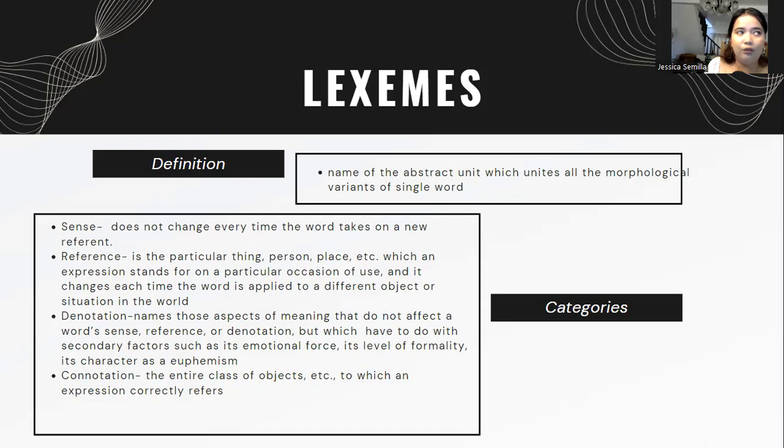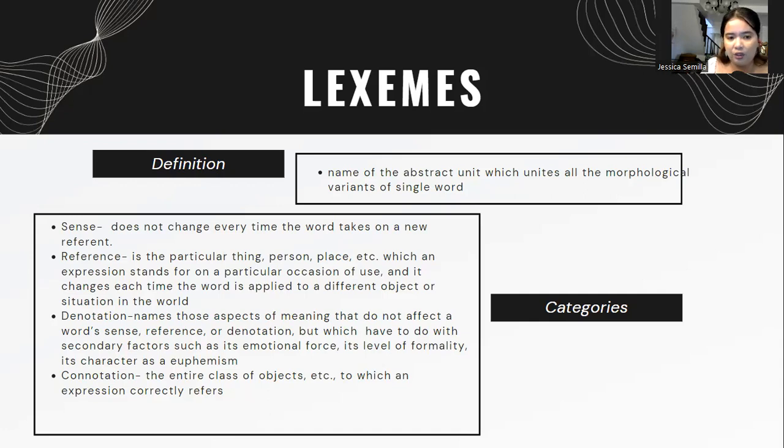Senses of sight, hearing, smell, everything. What does the word look like? It could refer to an object or to an abstract meaning. That is what you mean by sense. Next is reference. Reference is the particular thing or person to which we could refer. Understand?